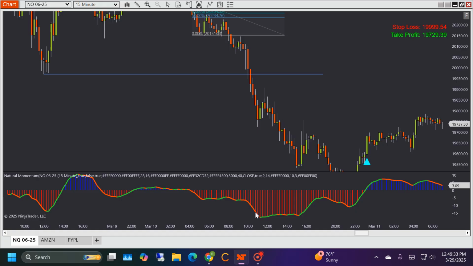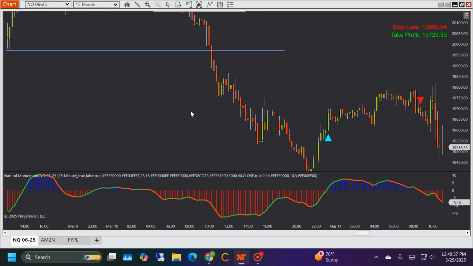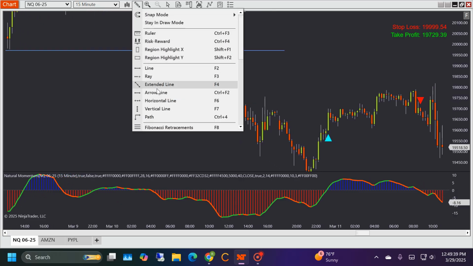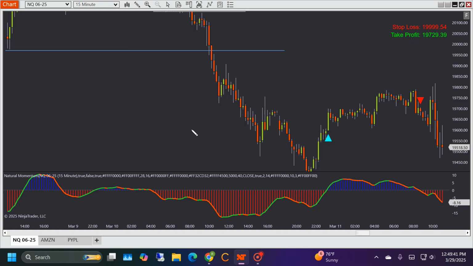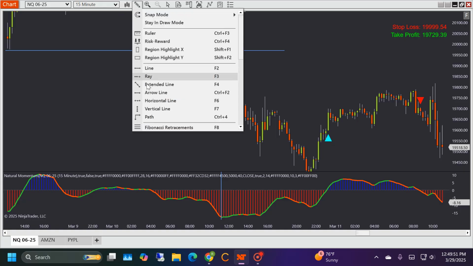As I put some more lines on the chart here, we're marking out where the line finally turned green.